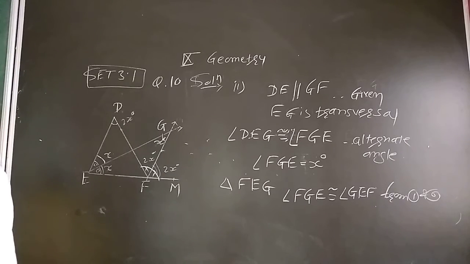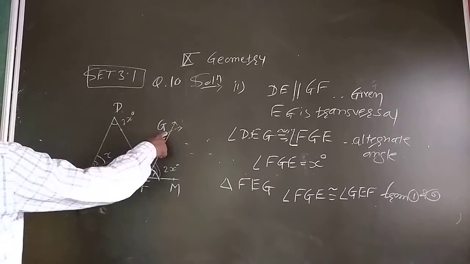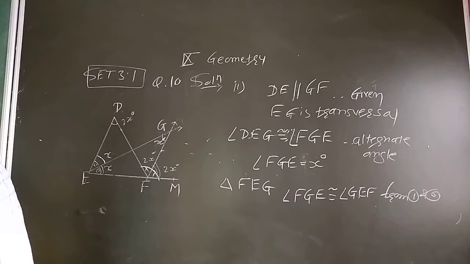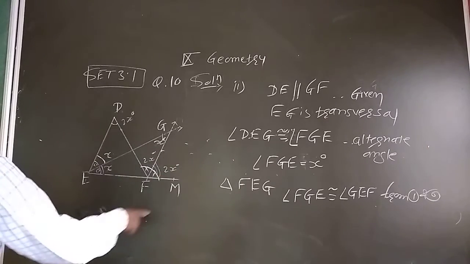So both are equal. Therefore, their related sides, because this one is an isosceles triangle.